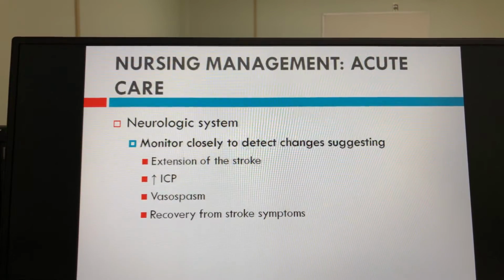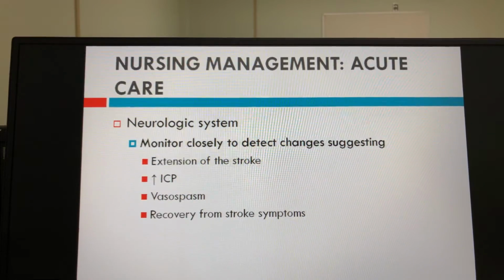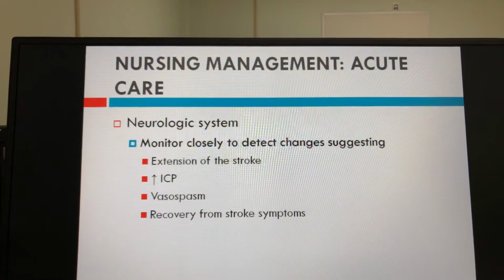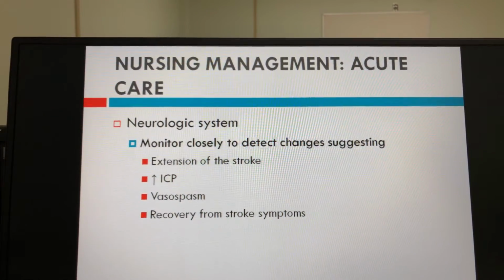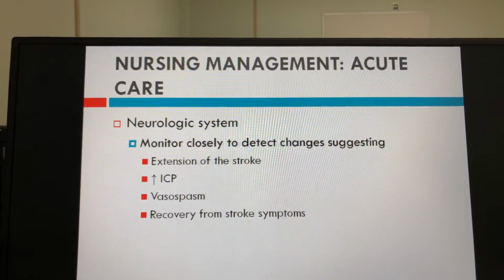A decreasing level of consciousness may indicate an increase in intracranial pressure. So we want to monitor ICP and cerebral perfusion pressure. And remember, ICP minus MAP equals CPP.